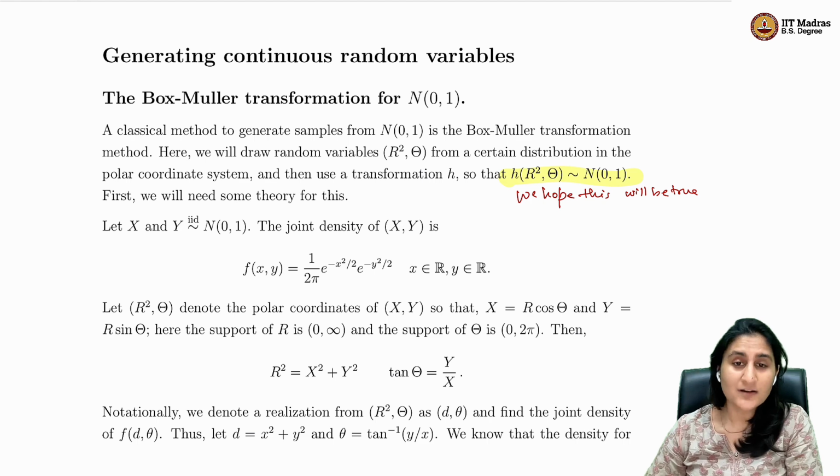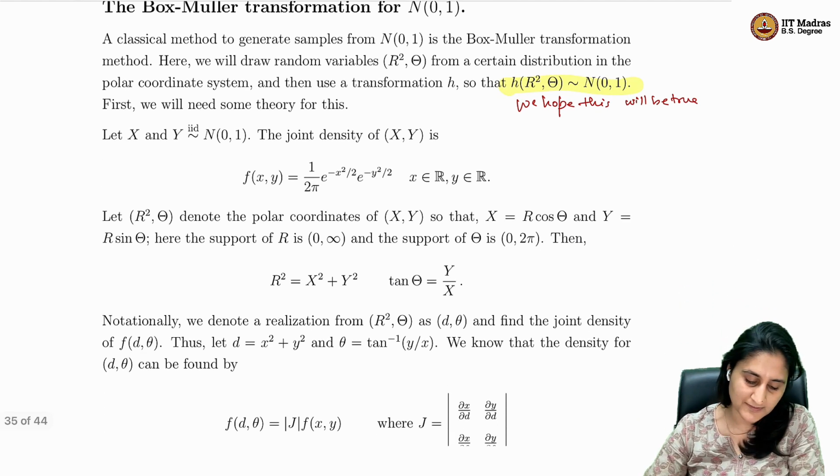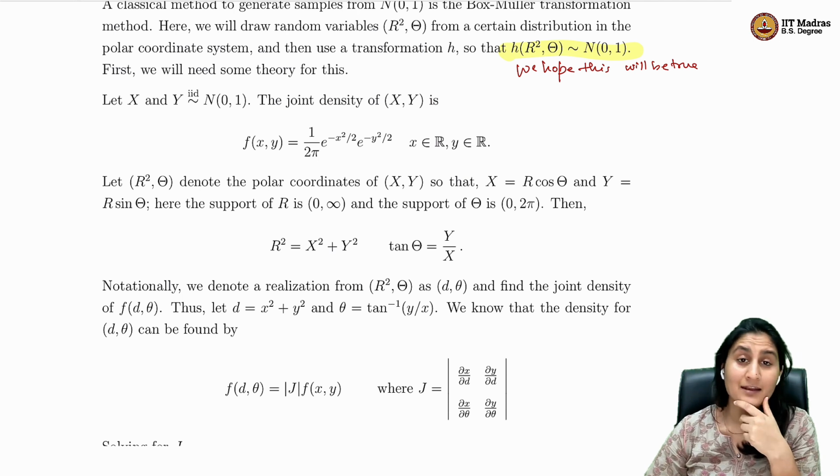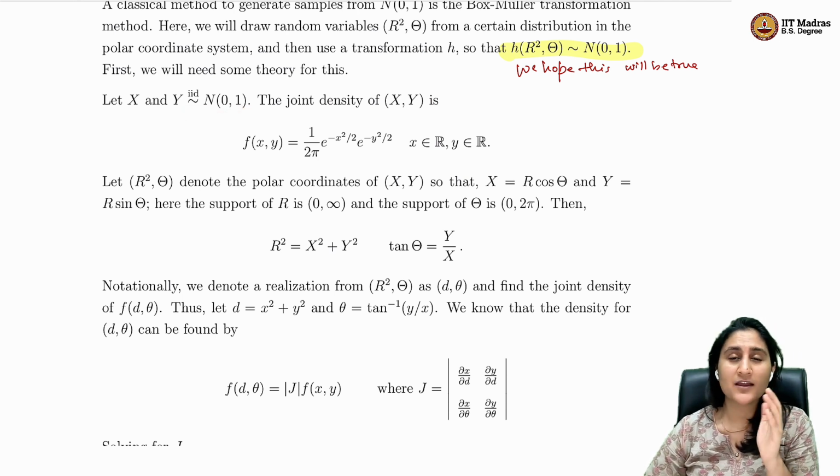Okay, and to understand the theory, we set up the following. Let's say we consider capital X and capital Y to be two independent and identically distributed Gaussian random variables. So X and Y are IID, distributed as normal 0, 1.